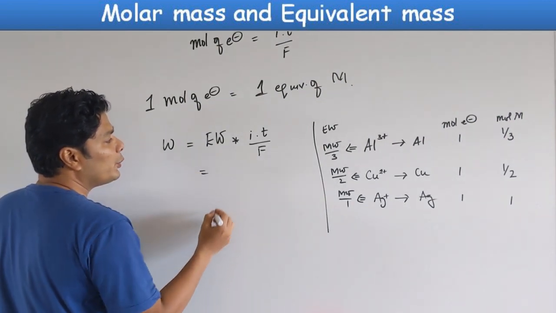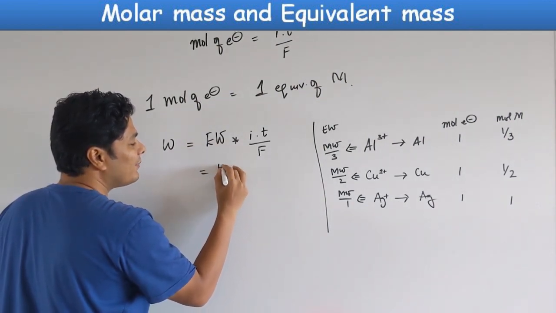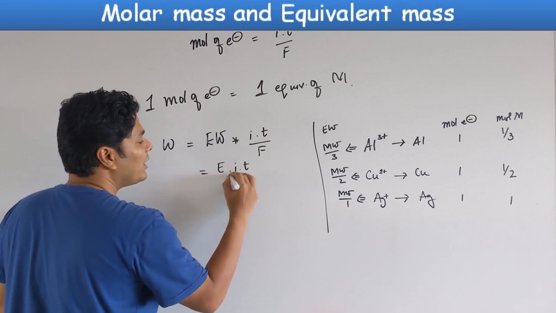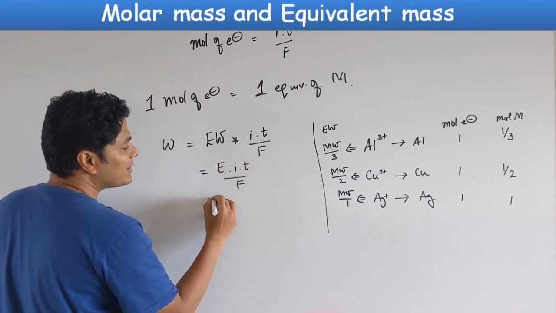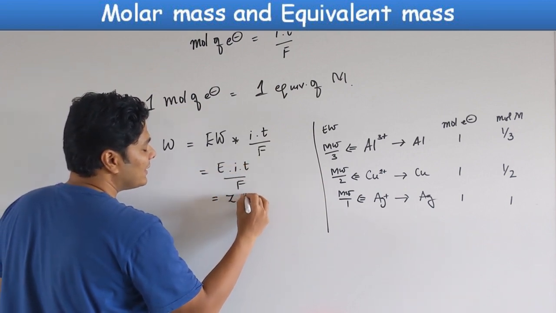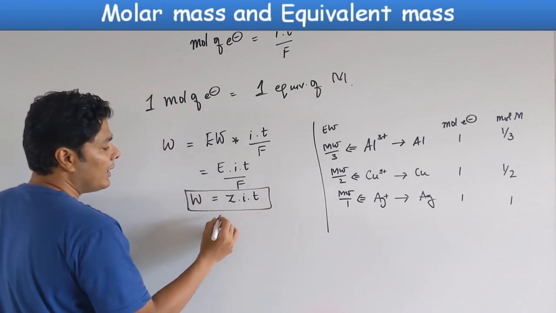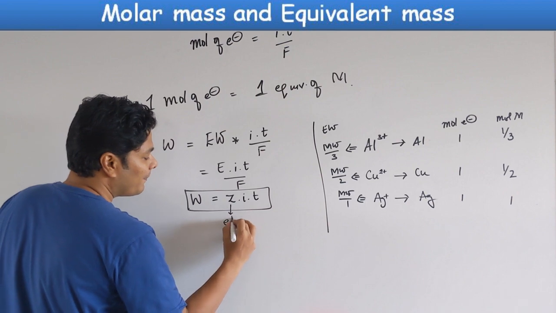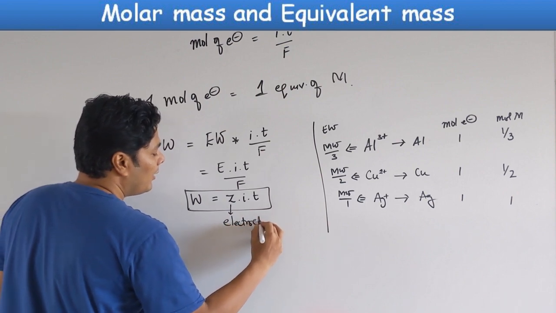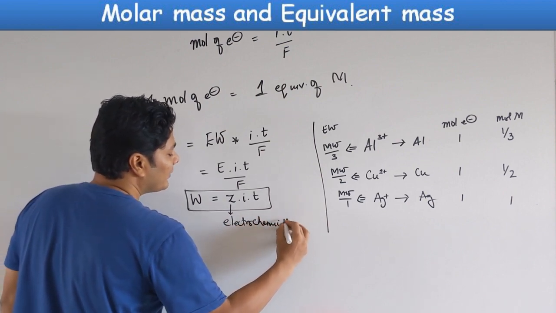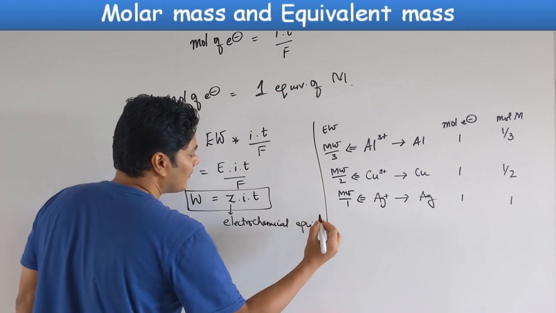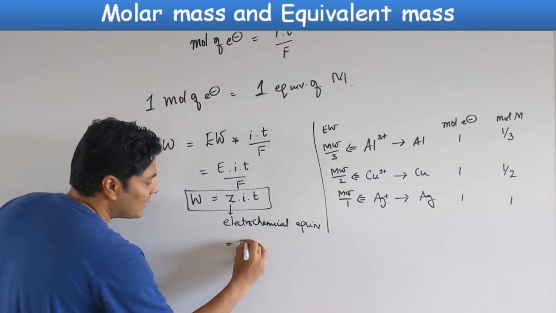Now, what we can do is, we can take a symbol as E for simplicity, E times IT over F. Sometimes it is written as ZIT. You will see this formula in many books. Z is nothing but electrochemical equivalent. What is Z?